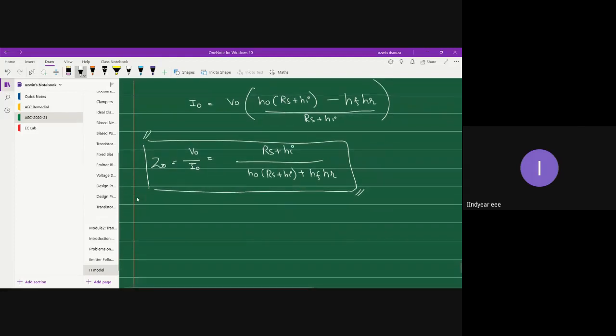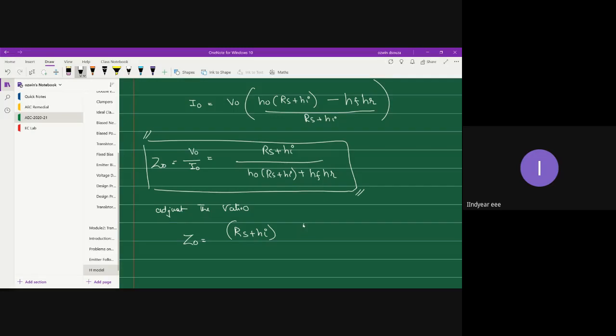And ideal Z naught is what basically? It should be the reciprocal of the admittance, right? So if you want, I can just show you. You can just adjust the ratio. Z naught is equal to, let me take RS plus HI as the common factor from both numerator and denominator.